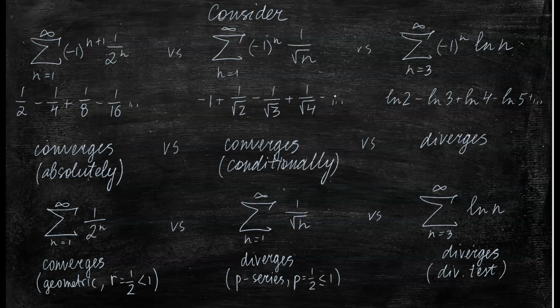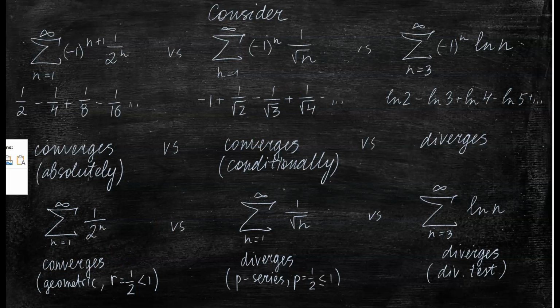And there is no such division for diverging series. If it diverges, it diverges. So again, that's why I said earlier that there's nothing interesting going on with the one on the right, but it's still good to put it side by side with the other two to see the bigger picture.